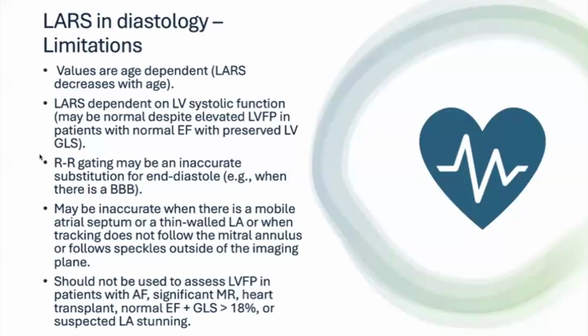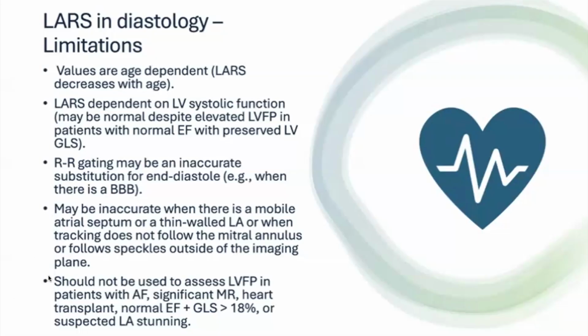Of course, it is very important to be able to track the heart rhythm when doing a strain analysis, and even RR gating in and of itself may be a somewhat inaccurate substitution for end-diastole, especially if there's any other conduction abnormalities. In addition, when the left atrium itself is perhaps more structurally abnormal, or the atrial septal wall is particularly thin, or there's any other significant deviations in geometry, the technology is less good at creating a strain map.